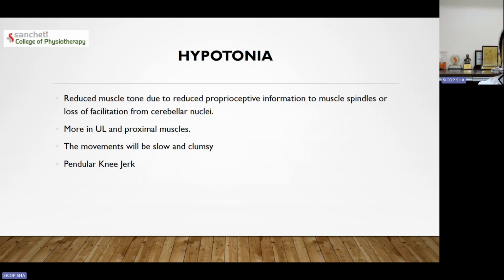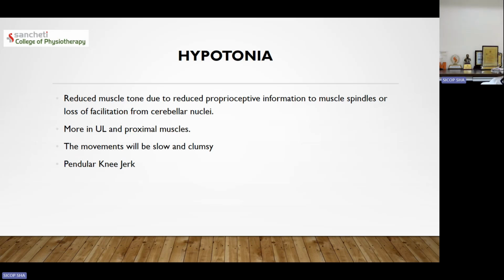In a cerebellar patient, because of this hypotonia, whenever we go for the knee jerk, the knee is going to oscillate to and fro slightly. It will go into extension, then flexion, extension, then flexion, and the leg is going to oscillate like a pendulum.